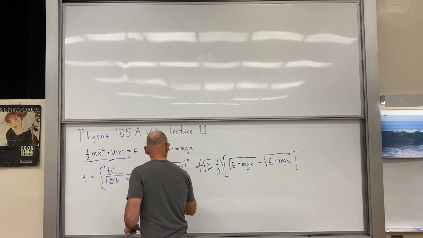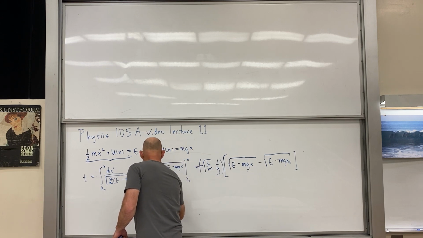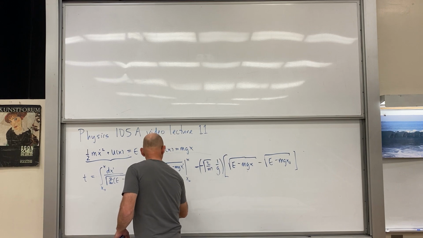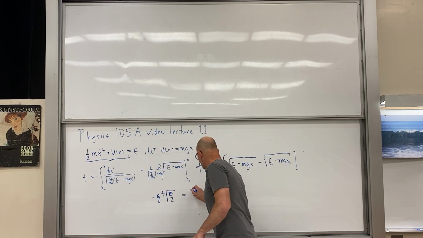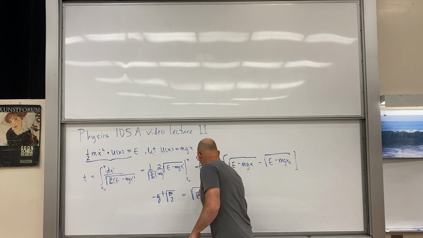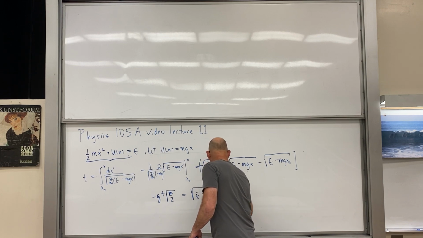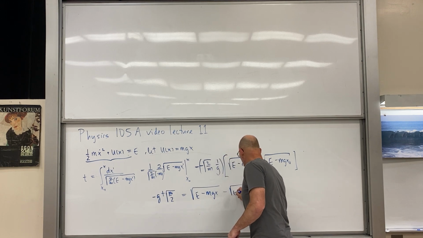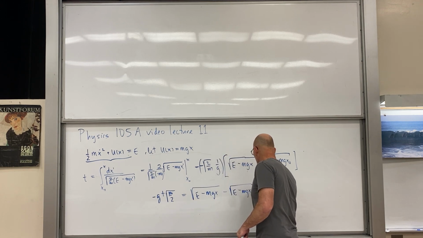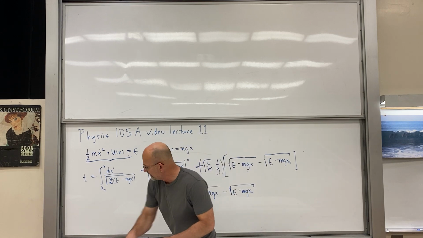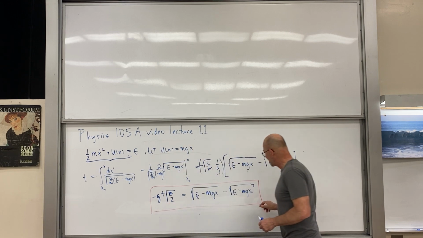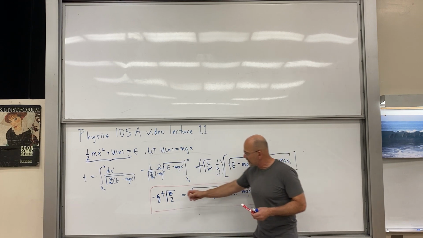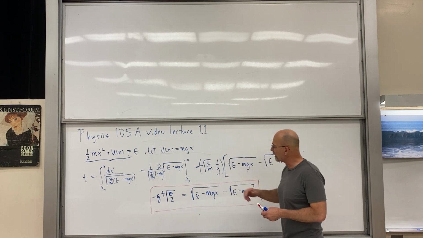So we're going to have minus gt and then root m over 2, and then this same thing here, e minus mgx minus root e minus mgx0. So this thing we now have to somehow square. And because this is a constant, I'm going to bring this over to the other side and combine it with this, and then square both sides.